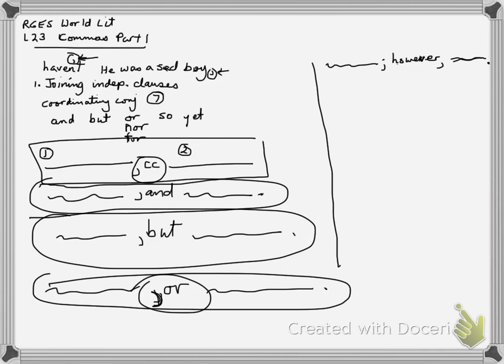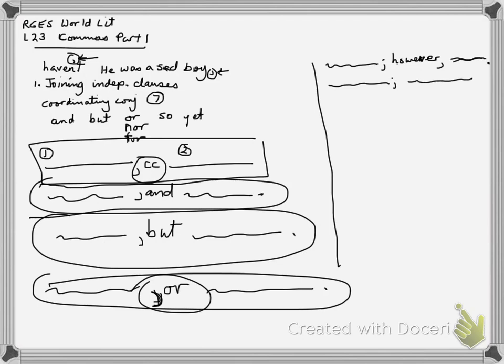So here we have this second rule, okay, and here's another example. She wanted to play tennis, semicolon, he wanted to play basketball.